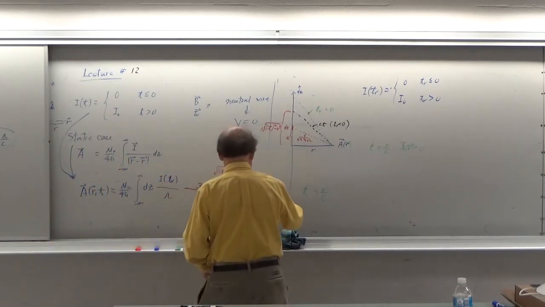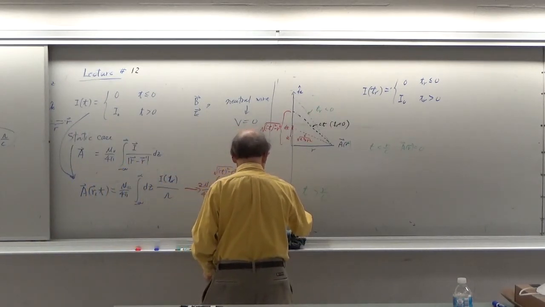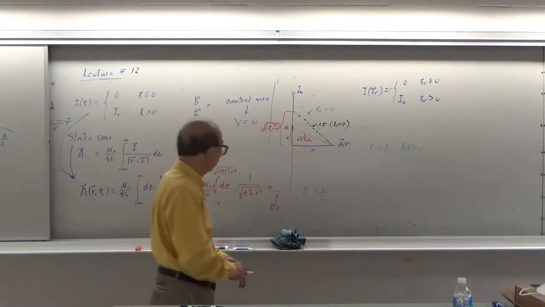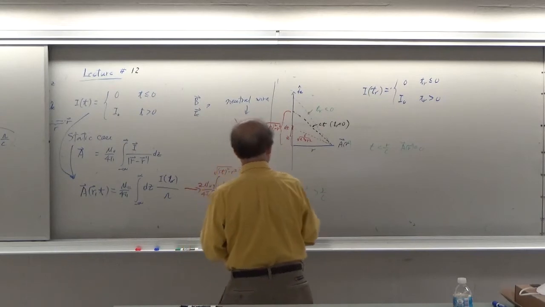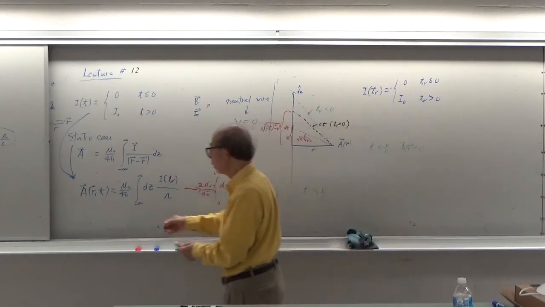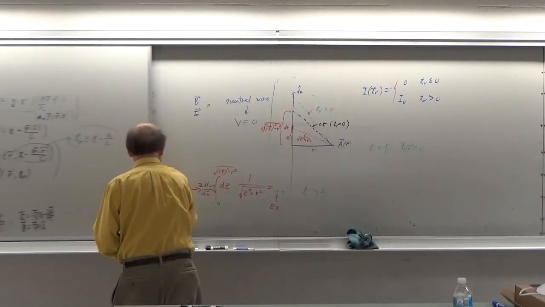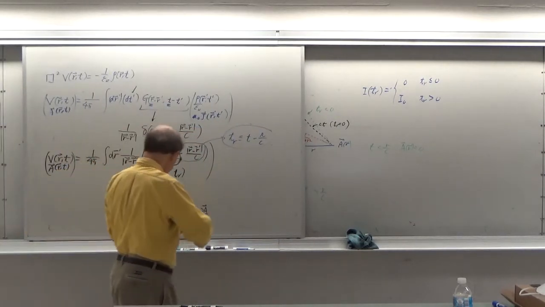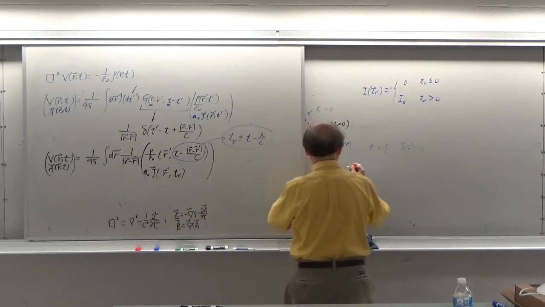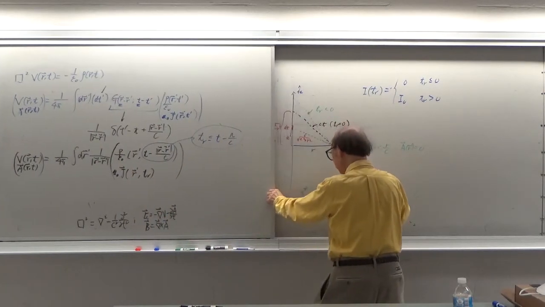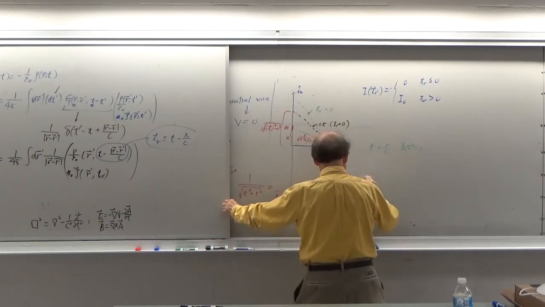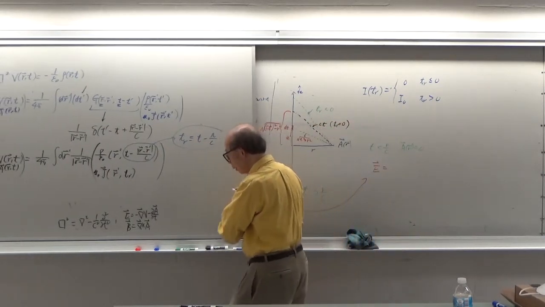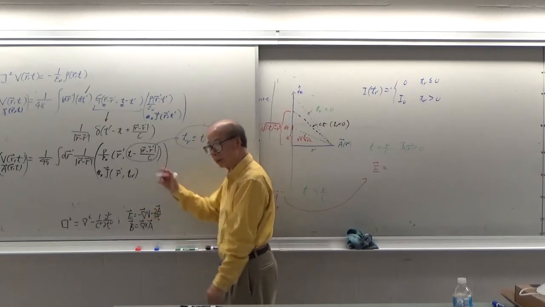So exercise: do the calculation, do the integration. And once you have done the integration, then obviously you can find the electric field E and the magnetic field B. The electric field E is given by, remember, minus gradient of V, but V is 0.